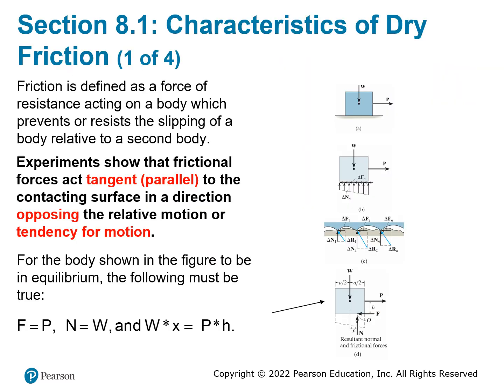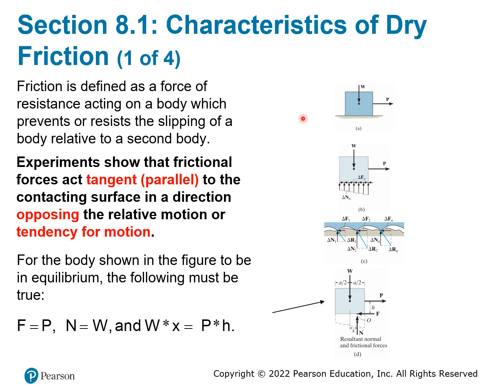We're going to start with some important observations about the friction first. The friction is defined as the force of resistance. So it's resisting the motion. We don't want the body to slip, and we want to stop that kind of motion.